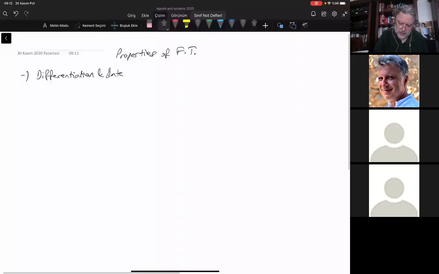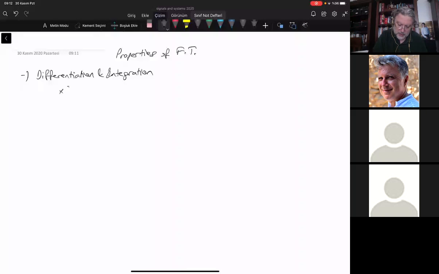From the questions of the first midterm, you may realize that most of the questions may require the knowledge of what happens to the Fourier transform when you differentiate in time domain, or when you take the integral. Those types of questions are of interest.